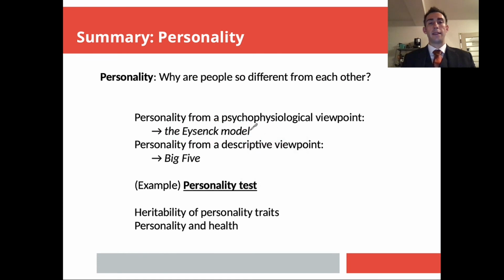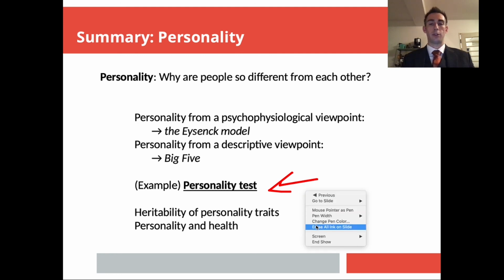And then later on, three of those were included in the Big Five, which is personality from a descriptive viewpoint, which used factor analysis to define five major dimensions along which people's personality can be described. And that's done using, for example, a personality test like the IPIP 50 questions I gave you, which are at the end of these slides.